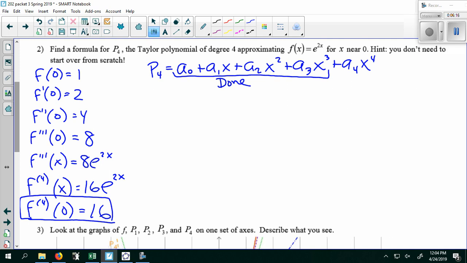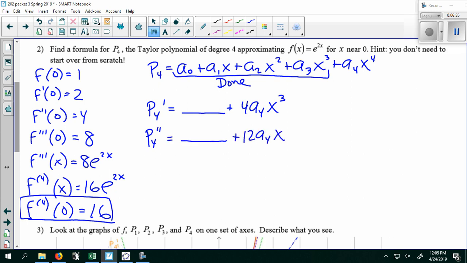So I'm going to do the first four derivatives of a4x to the fourth. So P4 prime is some stuff plus 4a4x cubed. P4 double prime is going to be some stuff plus 12a4x squared. P4 triple prime is some stuff plus 24a4x.